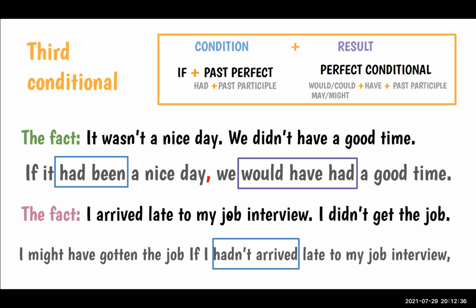As you can see, this is the if clause, and that's why I am using the past perfect here. If I hadn't arrived late to my job interview. Oh, sorry, here I put a comma instead of a period. And here I put the first part: I might have gotten the job. I might have gotten the job if I hadn't arrived late to my job interview. So we have exactly the same sentence, but the only thing we did was change the position. And remember that if we change the position, we don't need to use a comma.